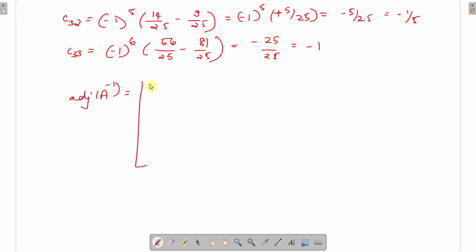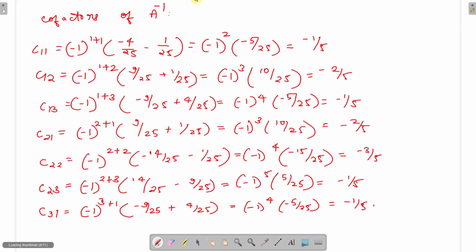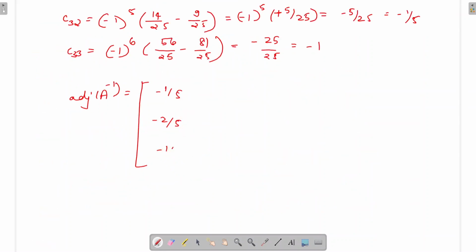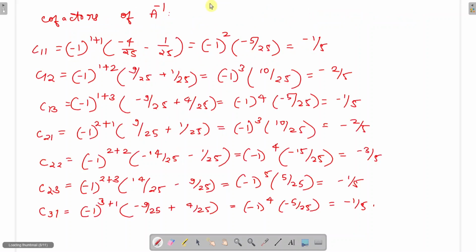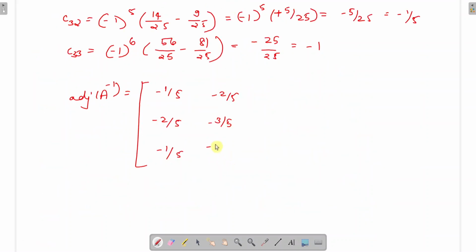So that is equal to minus 1 by 5, minus 2 by 5, minus 1 by 5, then minus 3 by 5, minus 1 by 5, minus 1 by 5, minus 1 by 5, minus 1. Okay. So this is adjoint of A inverse.